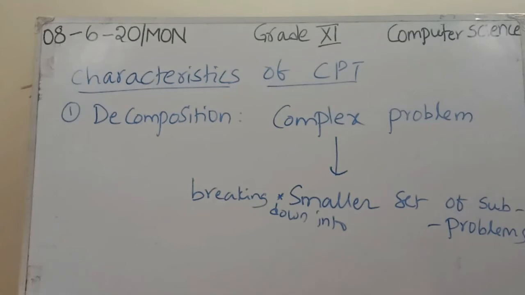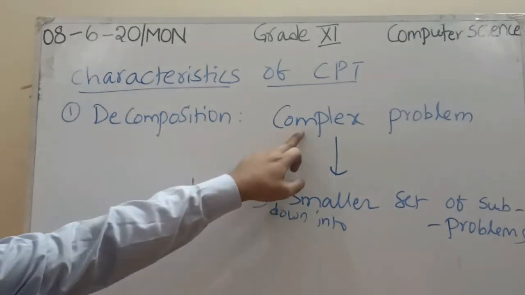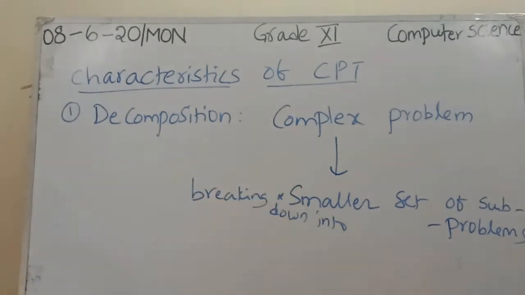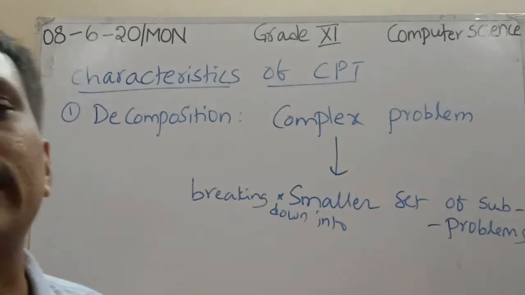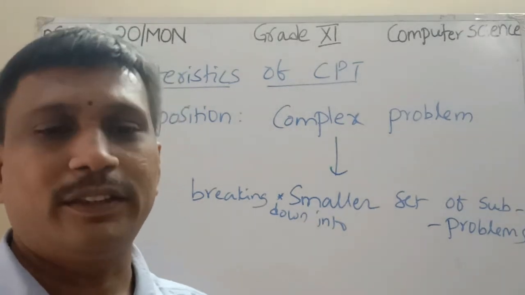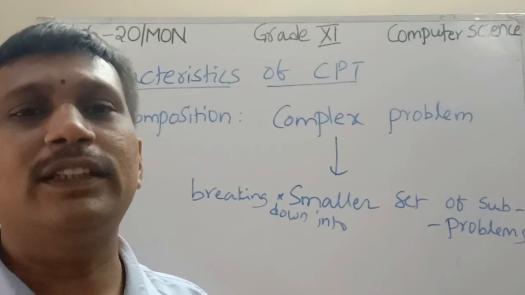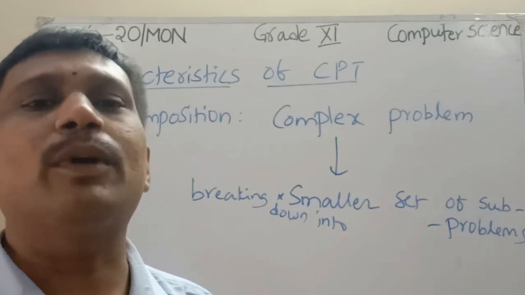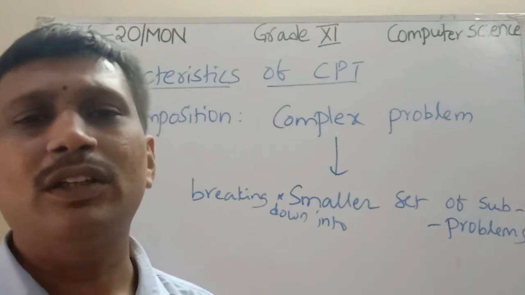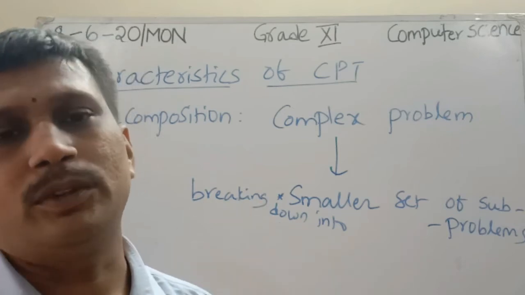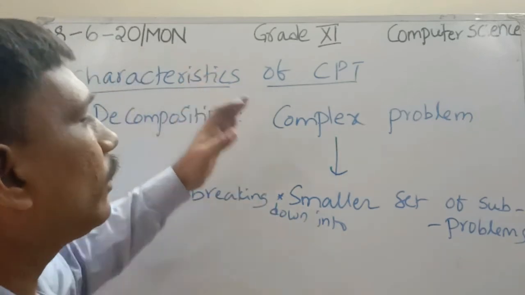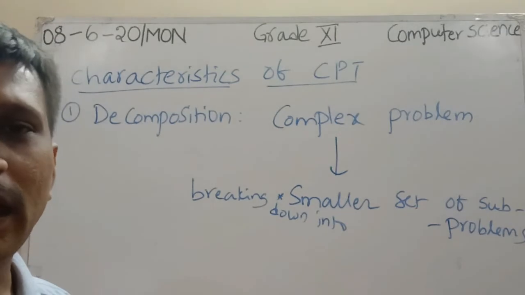So a complex problem, a single problem, can be divided into a smaller set of subproblems. All the individual subproblems can be solved individually. After that, all the individual subproblems can be integrated to solve the whole problem.